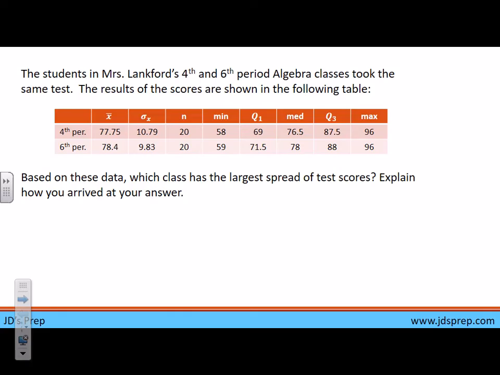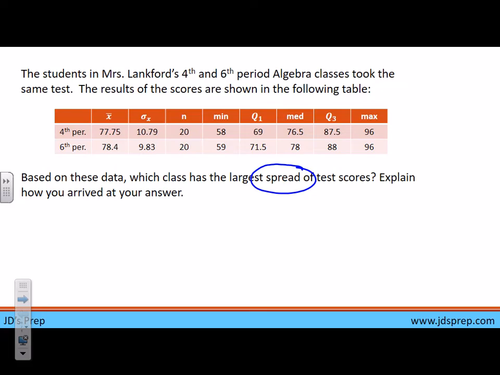Now, the key here when working with the table is recognizing that we are working with the spread of the test scores, which means there is a wider variety of scores on the test. You have two main options for identifying the spread of the test scores.